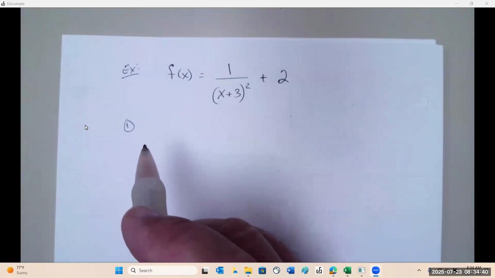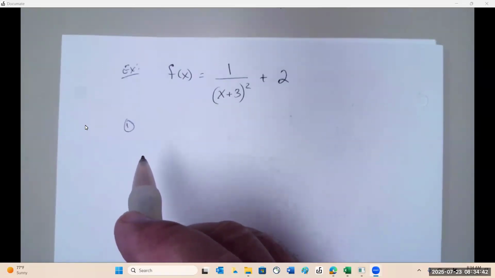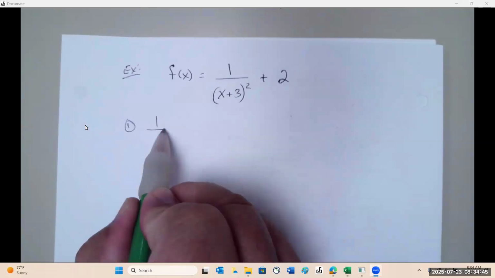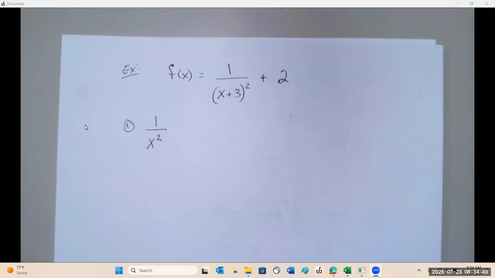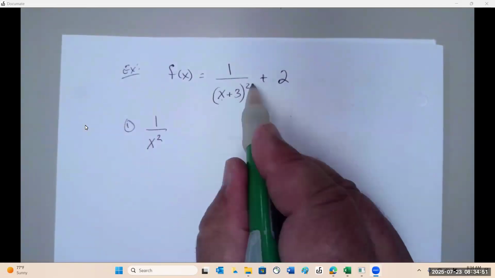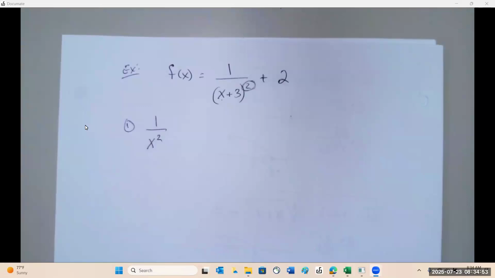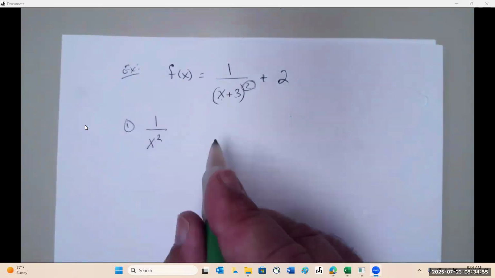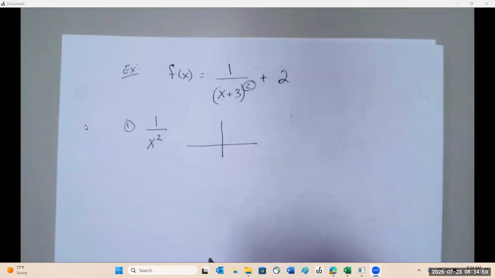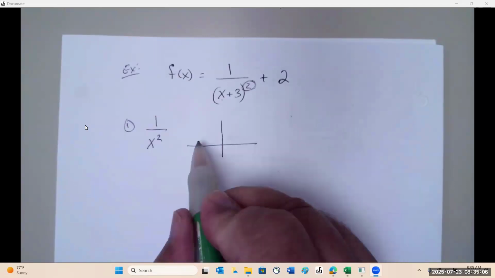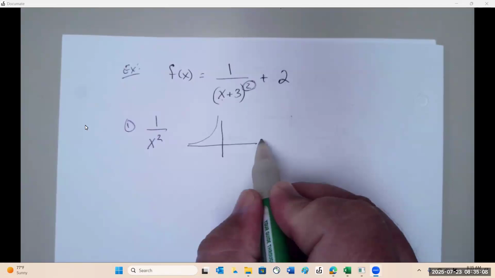Obviously they look different. One over x squared, because here's the x and it's squared. What does that graph look like? What quadrants? Yeah, it's the Atari symbol.